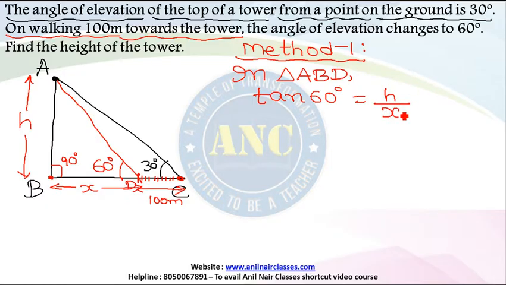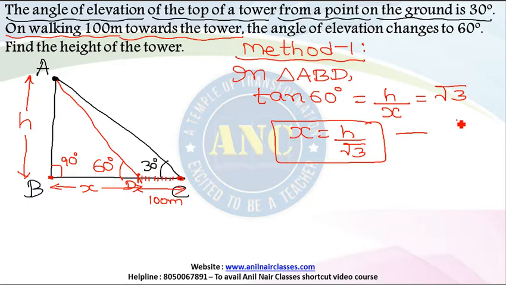H by X is tan 60. Tan 60 value is root 3. So I can say that X is nothing but H by root 3. This is my first equation, right? Similarly, I have another triangle to work with. The second triangle is the bigger triangle, ABC.